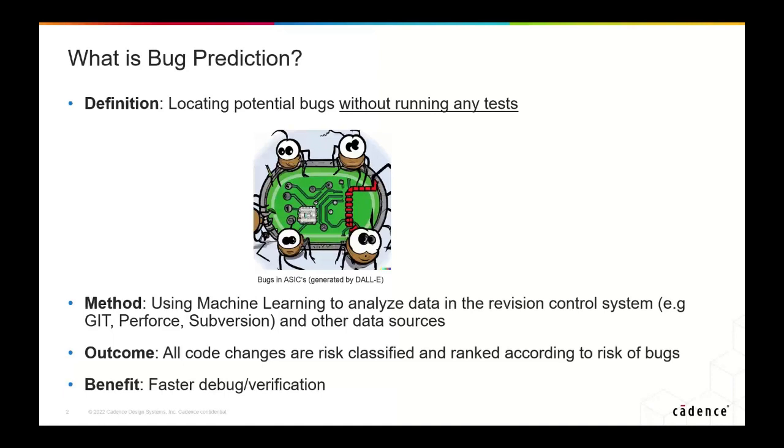So it's very fast. We use machine learning to analyze data in the revision control system, like Git, Subversion, also Mercurial, and other data sources. We use these as features for our prediction. The outcome is that all code changes, all commits to these revision control systems, are risk classified. And the benefit is faster debug and verification.